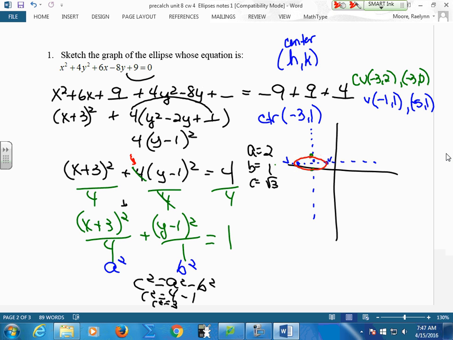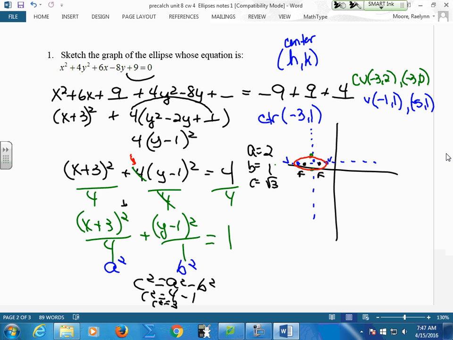Okay, so now we have to find your foci points. Your foci are going to sit on your major axis. They're both going to be an equal distance away from your center, and the value of how far they are is c. We found c to be radical 3. Now, because it's a radical, you can leave it as a plus or minus.